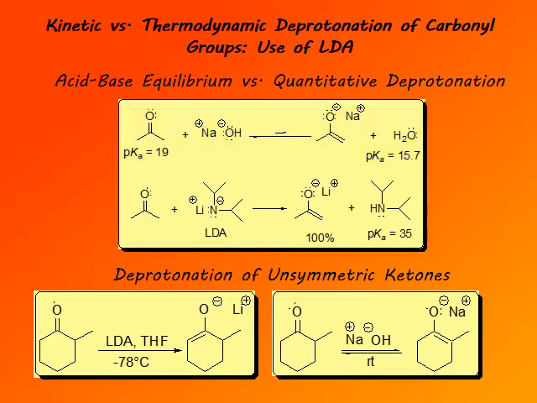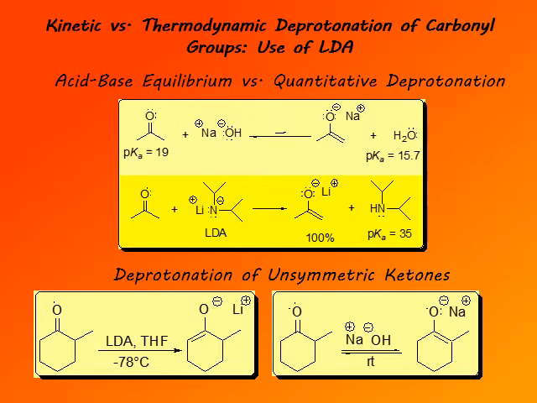Now, what is more commonly carried out when we want to deprotonate carbonyl compound for purpose of, for example, alkylation, is reaction with LDA, lithium diisopropyl amide. And formula of lithium diisopropyl amide is shown here. That's an exceptionally strong base. Such a strong base quantitatively deprotonates carbonyl compound.